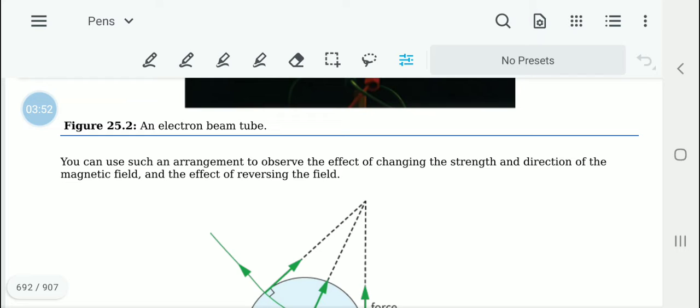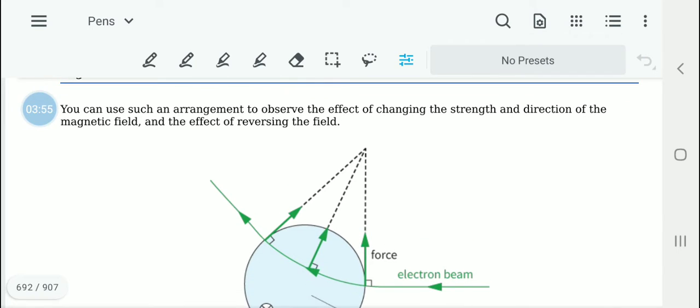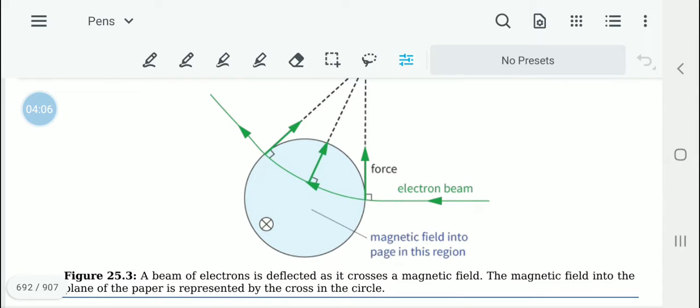Now if we change the strength and direction of a magnetic field, and also if you reverse the field, what would happen is what we are trying to see.